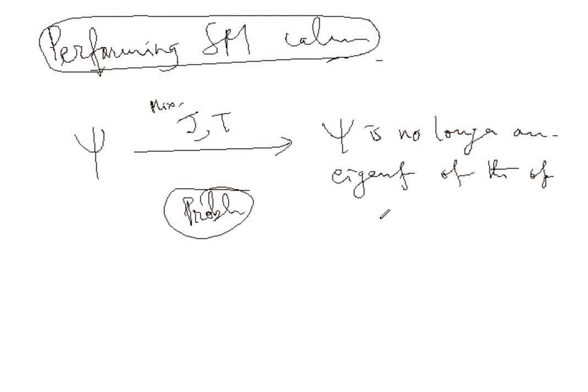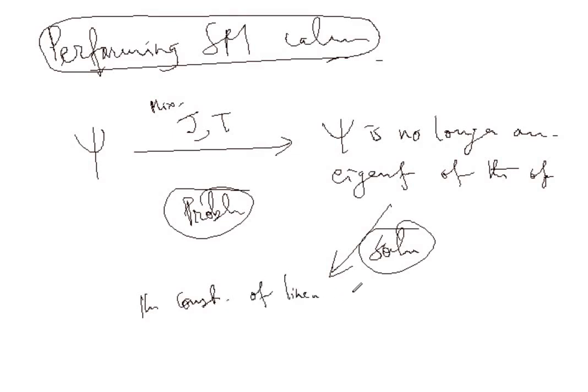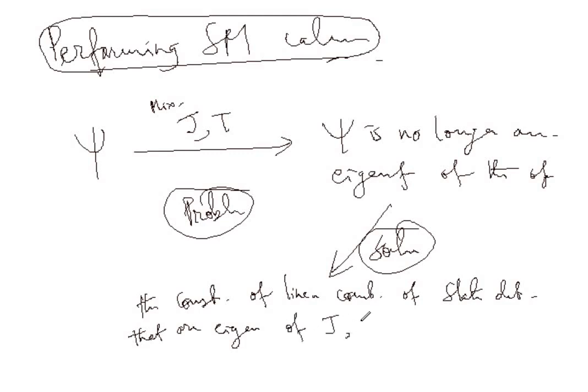The solution to this difficulty involves the construction of linear combinations of Slater determinants that are eigenfunctions of angular momentum J and isospin number T. Now this problem has a well-known solution, but it involves a great amount of calculation.